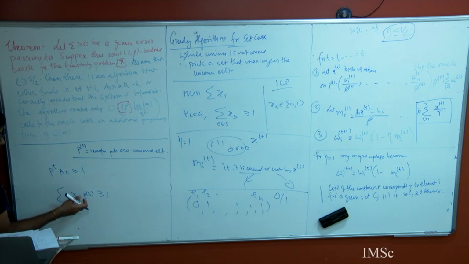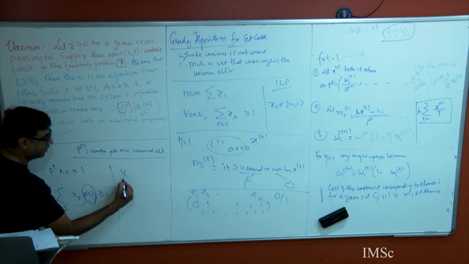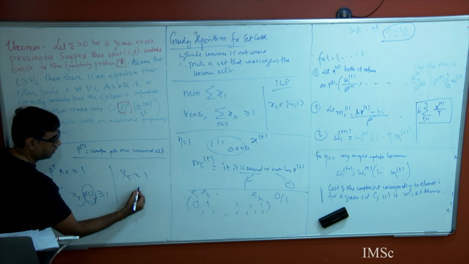Now this is what my equation is. So what will I pick? Which has the highest probability? What does it mean if it is uniform probability? It means it has the highest number of elements. For that set, you set 1 and 0 otherwise.